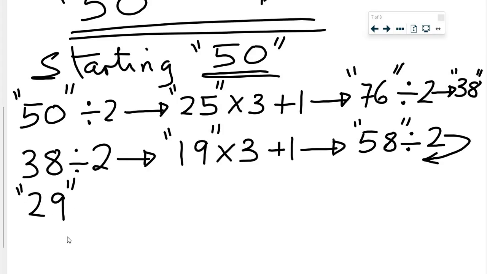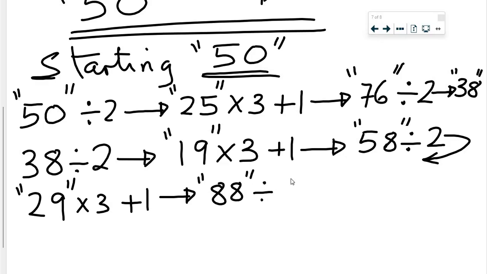29 is an odd number. Take that odd number 29, multiply by 3, the answer you get, add 1. This gives you 88. 88 is an even number. You need to divide by 2. What do you get? You get 44. 44 is an even number.